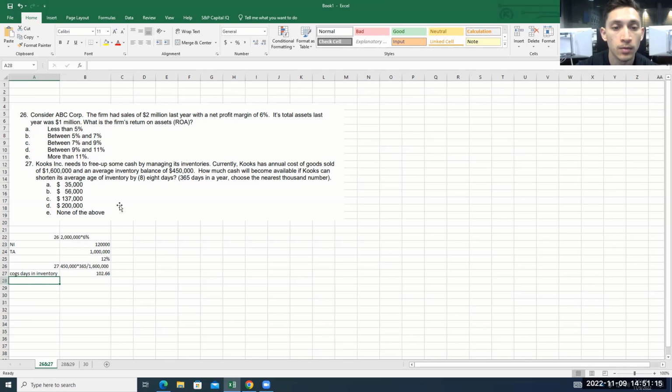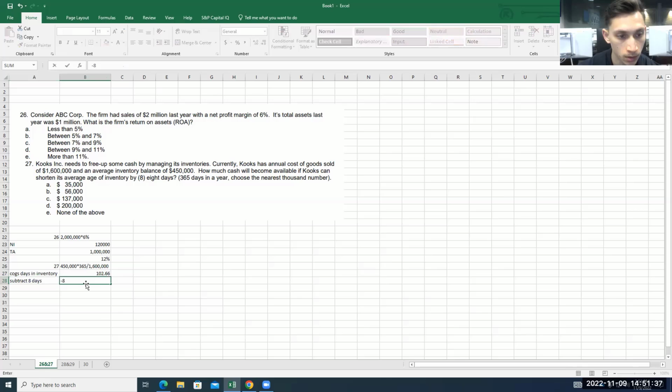Then we are asked how much cash will become available if Cooks can shorten its average age of inventory by 8 days. So right here, this is where we're going to subtract the 8 days. We want to subtract it from here, not the actual 365 days itself. So we subtract 8 days. It's going to give us our new days.